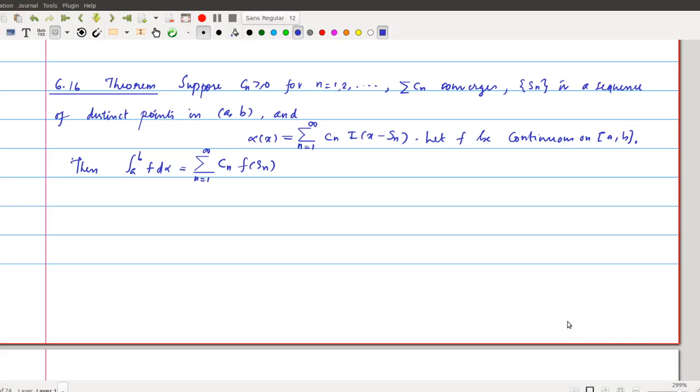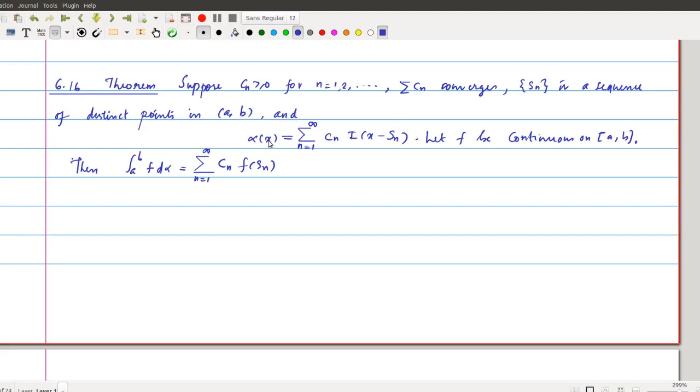This is theorem 6.16, the generalization of theorem 6.15. Suppose Cn are non-negative real numbers, Cn greater than or equal to 0 for all n, and sigma Cn is convergent. So this is an infinite series, sum from n equal to 1 to infinity of Cn, which converges, and Sn is a sequence of distinct points in the open interval (a, b).